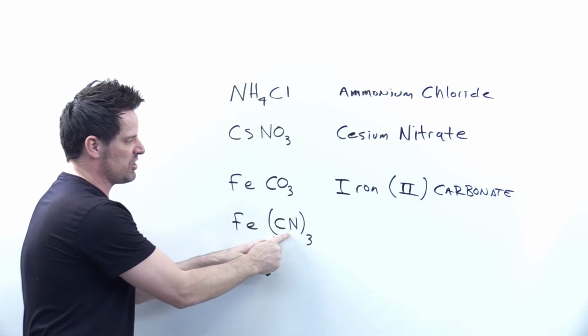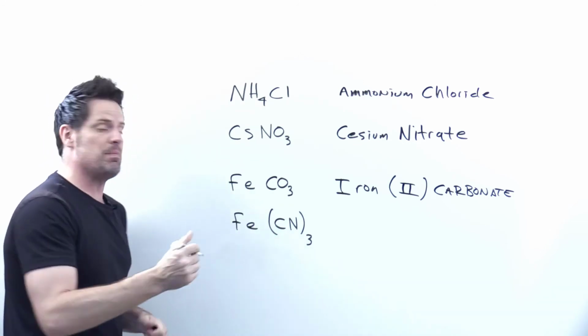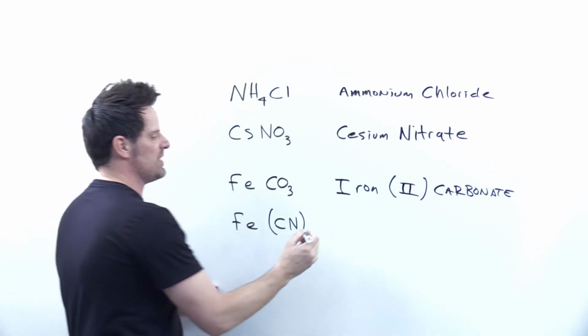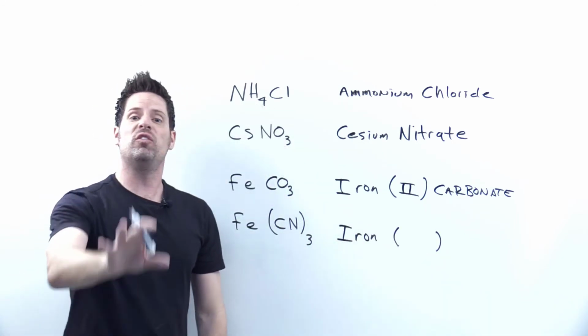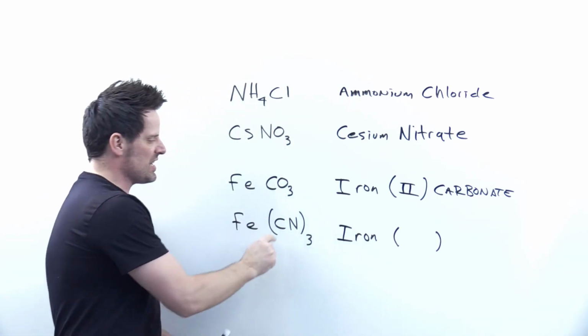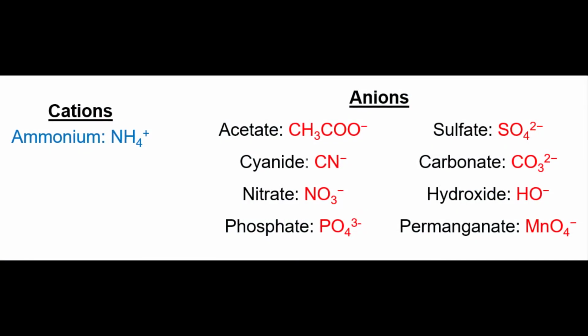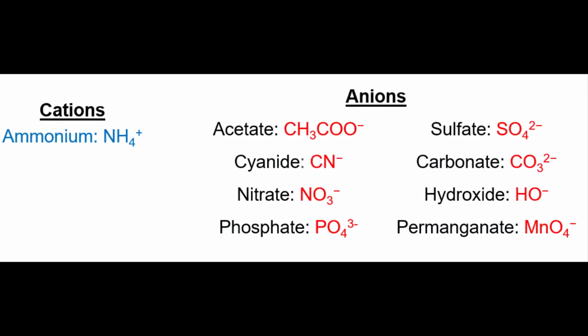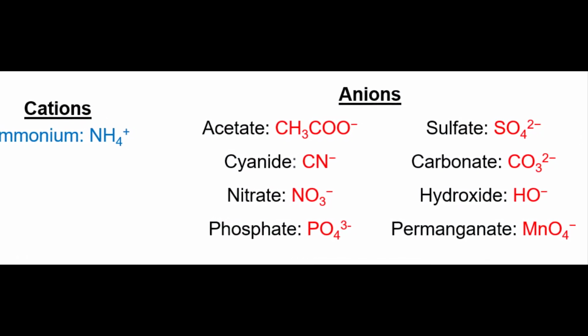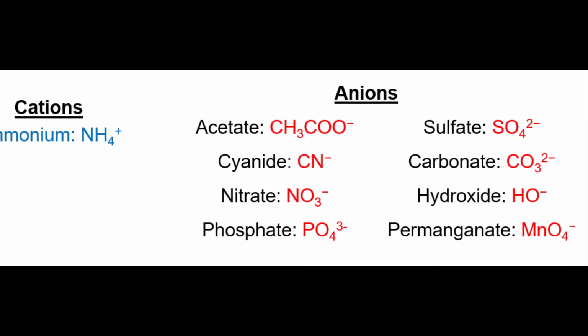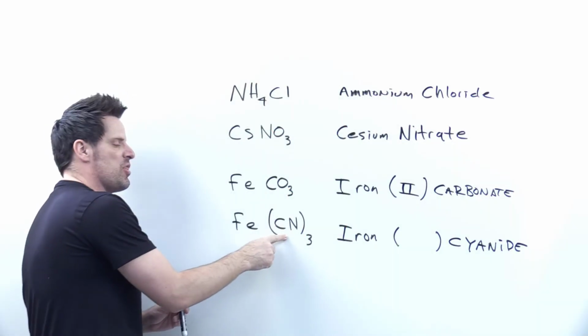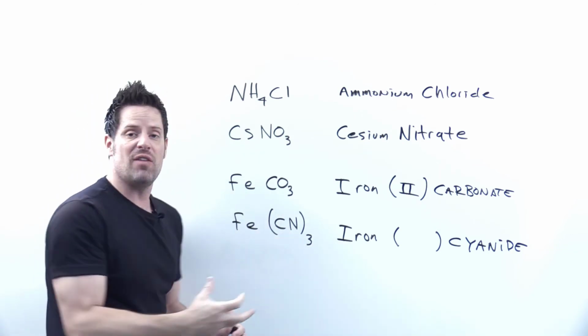This is an iron stuck to 3 of these things. Again, because it's an iron in the D block, I'll lay down its name with a set of parentheses that we'll fill in just a moment. What is the name of this thing? Well, that is a polyatomic ion that I require you, my students, to memorize called cyanide. And as you can see in this chart, it has a -1 charge. Now, in this case, I've got 3 cyanides that each have a -1 charge.